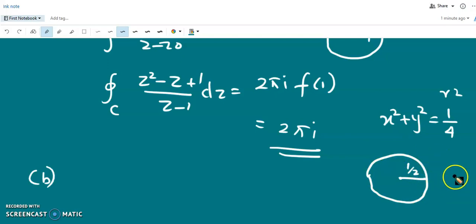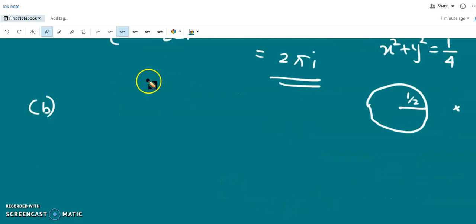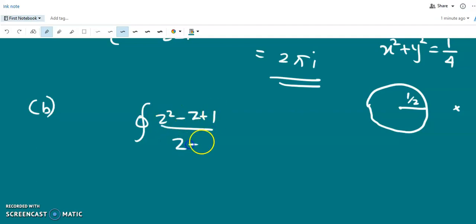Z0 is a point outside the contour. So we can directly apply Cauchy's integral theorem. The integral of z square minus z plus 1 divided by z minus 1 dz over C, where C is mod z equal to half, equals 0 by Cauchy's integral theorem.